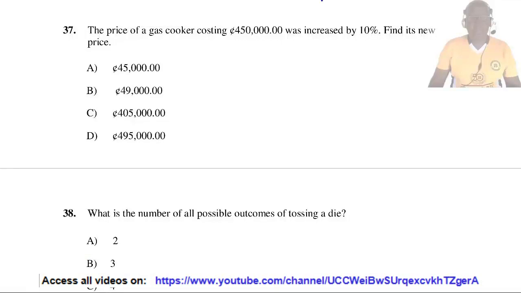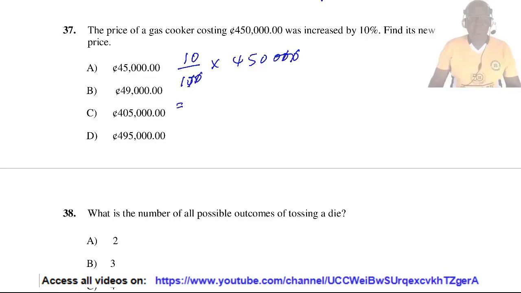Question 37. The price of a gas cooker costing 450,000 was increased by 10%. Find its new price. The increase in price is 10% of 450,000, or 10 divided by 100 times 450,000. Zeros will cancel out.